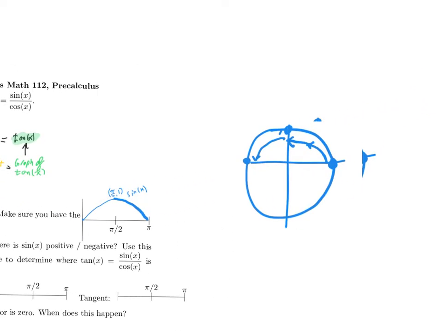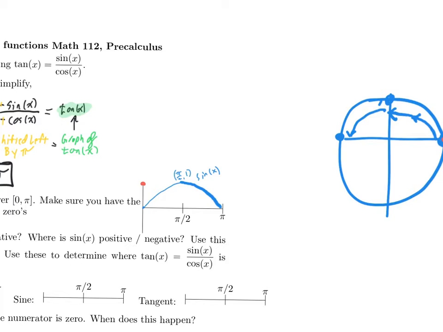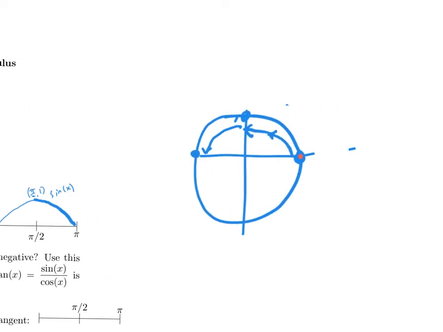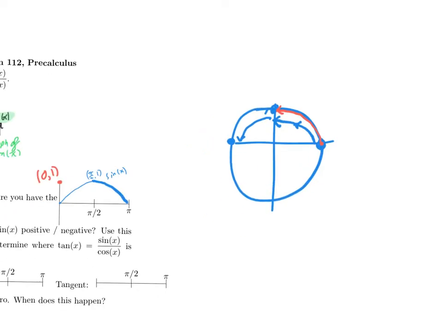If you want cosine of x, well, cosine of x starts at 0, 1. As the angle increases, the x value is getting smaller. So cosine gets smaller until it is 0 when the angle is pi over 2.